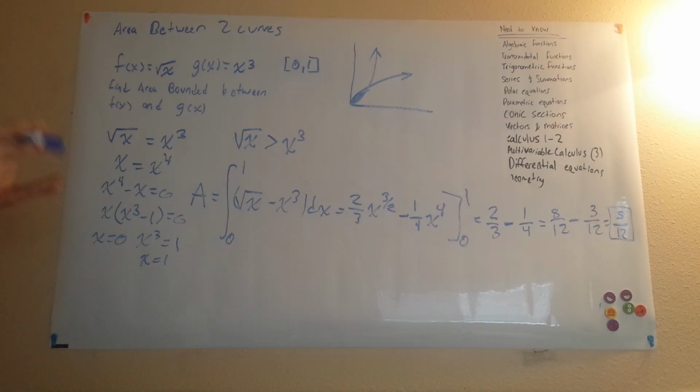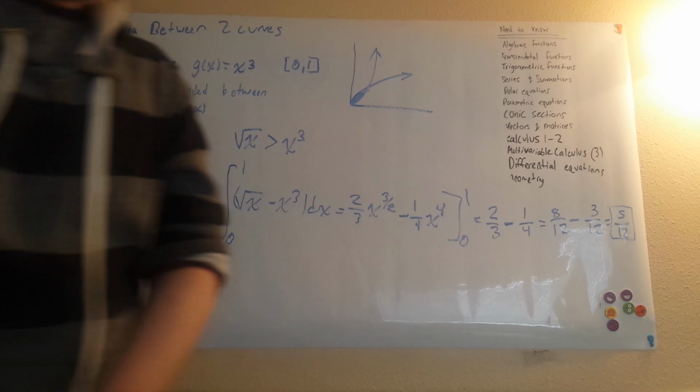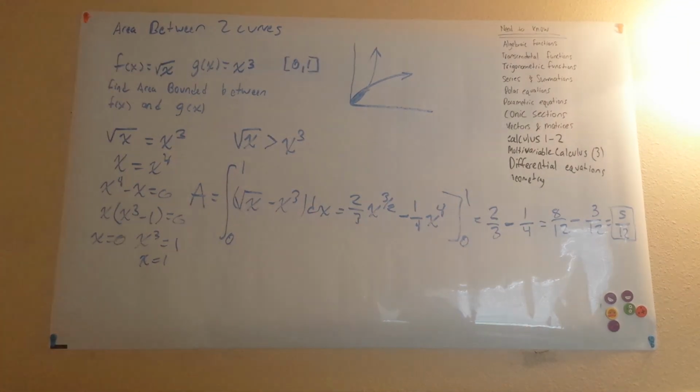Interesting, right? And these are the only two problems. Remember, the problems are not going to get harder than this. And we can't get really harder because we don't know some integration rules. So, area between two curves, very easy.